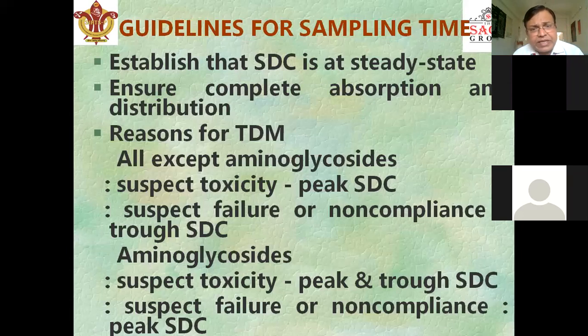Guideline for the sampling time: it is very important at what time you take a sample from the patient to establish that the serum drug concentration is at steady state, meaning complete drug release has occurred and the drug has reached the systemic circulation. You have to wait for that time also, to ensure complete absorption and distribution of the drug.